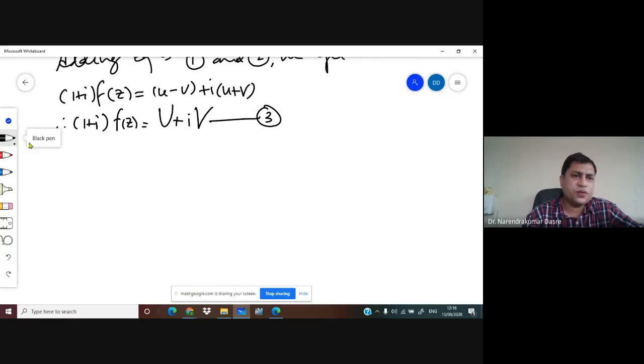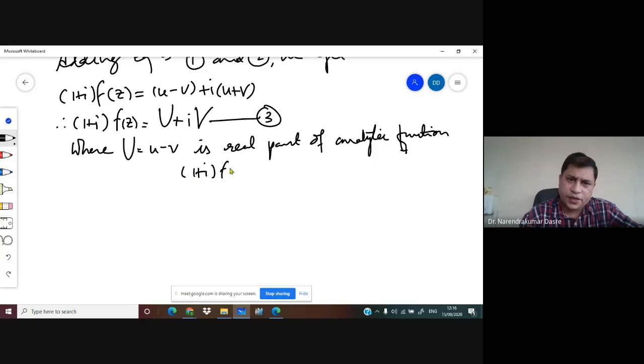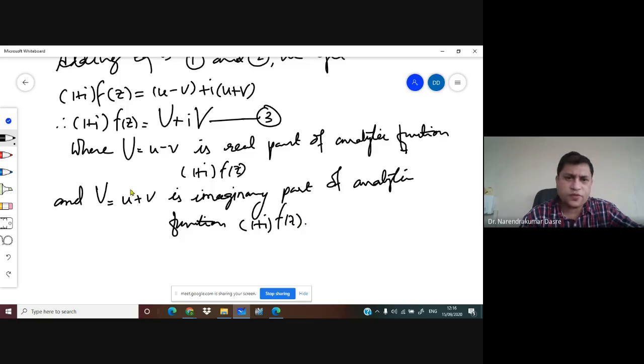Here we can write that capital U, which is u minus v, is the real part of the analytic function 1 plus i into f of z, and capital V, which is u plus v, is the imaginary part of the analytic function 1 plus i into f of z.